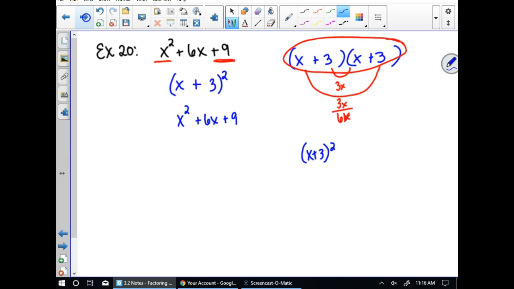All right, so I want to give you guys a couple worksheets. One of them is on factoring by grouping. The other one is on special cases.